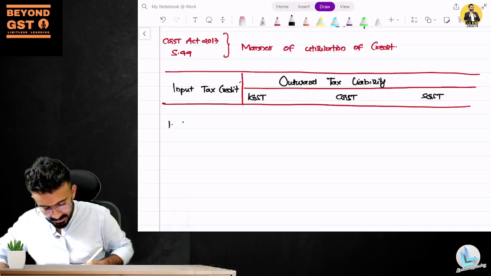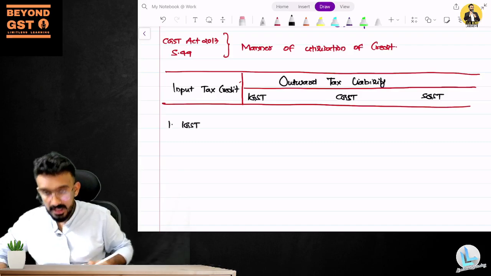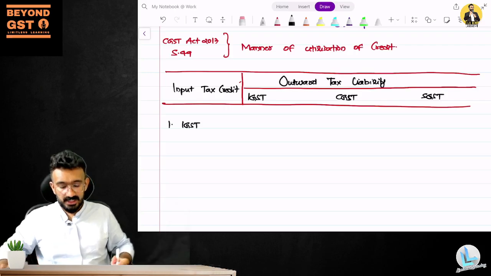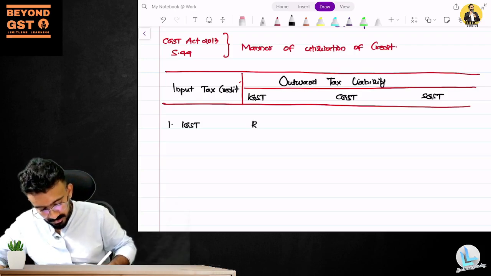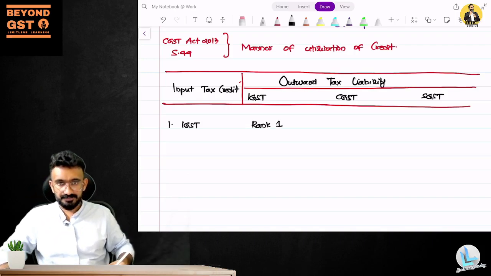Credit number one is IGST. First, you should utilize your IGST credit to pay your IGST liability. That is rank number one.